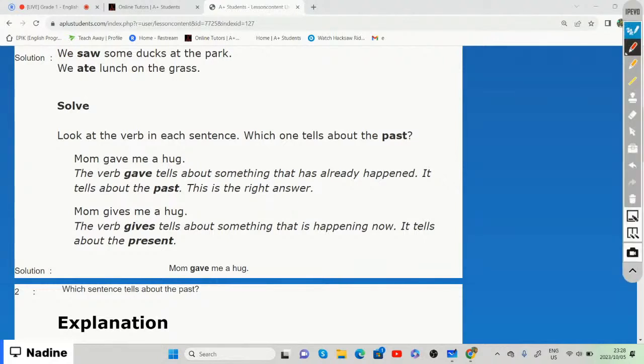All right, so if we look at the sentence, we're going to have to say which sentence tells us about the past. Is it "Mom gave me a hug?" Or "Mom give me a hug?"